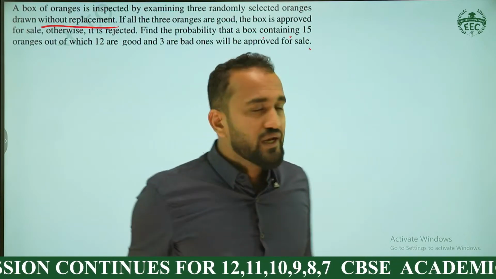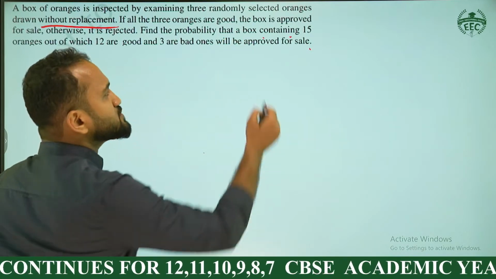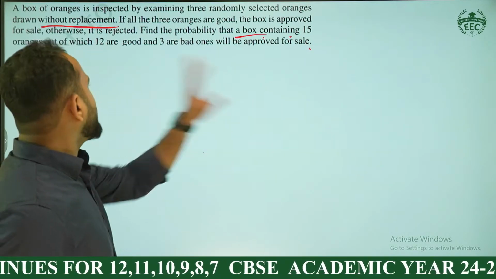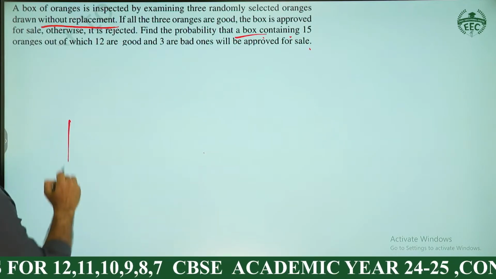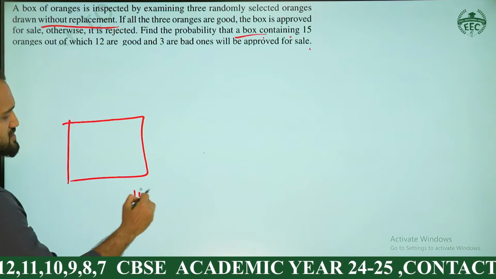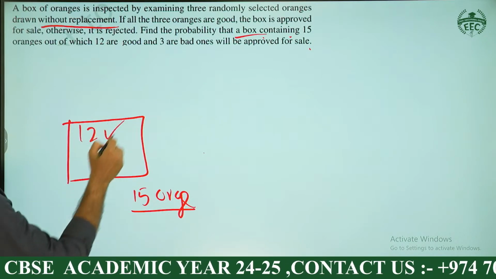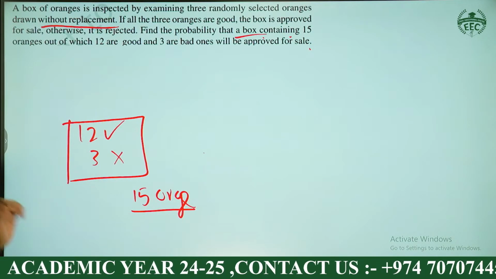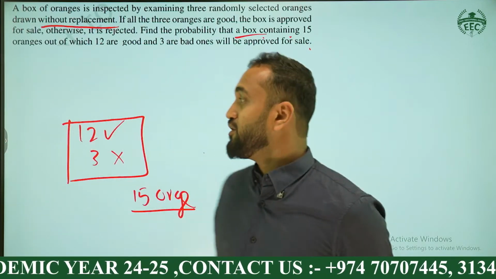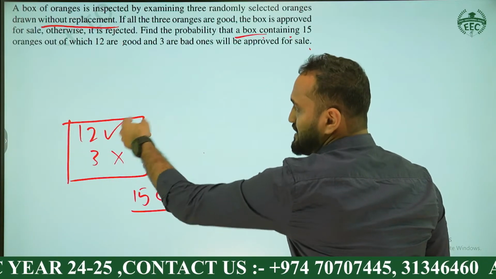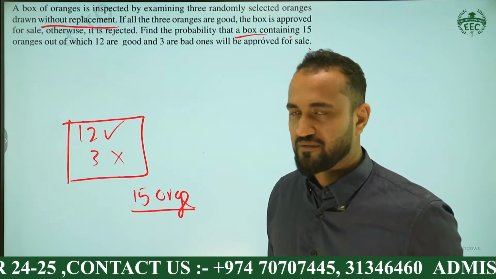That is the rule. Now, here in this context, they are speaking about a box which contains how many? There are altogether 15 oranges, of which 12 are good and 3 are bad. The question is, what is the probability that this box is approved for sale?